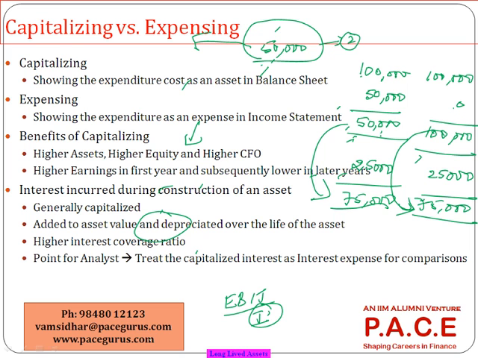Now, when you are comparing two different financial statements, it may so happen that one company has capitalized, or probably three companies. One company has capitalized the interest. The second company has expensed the complete interest. The third company did not even borrow everything, it has used its own, where the interest is nowhere applicable for them. Right? It has used only the equity capital.